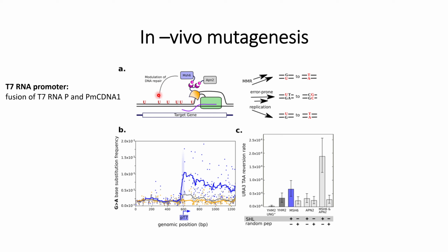However, DNA repair enzymes are also present, such as MSH6 and APN2. When they interact with the T7 RNA polymerase fusion, instead of repairing the DNA, they work in a way that finally leads to more different mutations within the DNA.